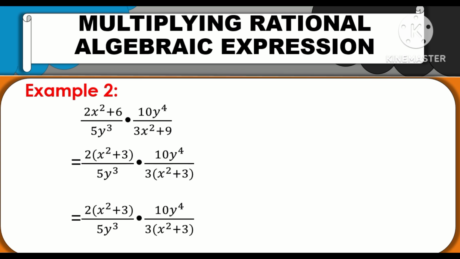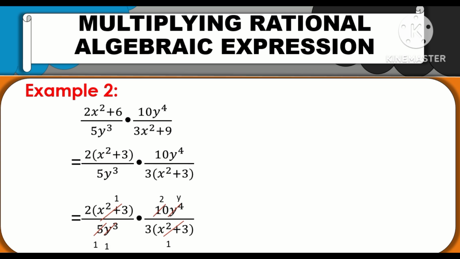Cancel the x squared plus 3 and x squared plus 3, and 5 and 10. So y raised to 4 over y raised to 3 leaves y. What remains is 1, and in the denominator 1, then 1, 1, 2, and y.